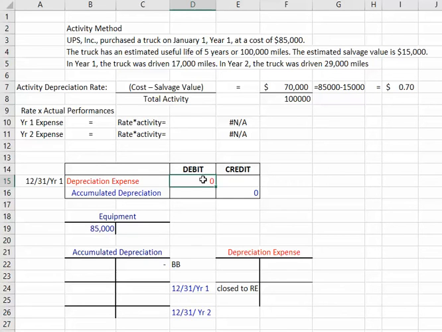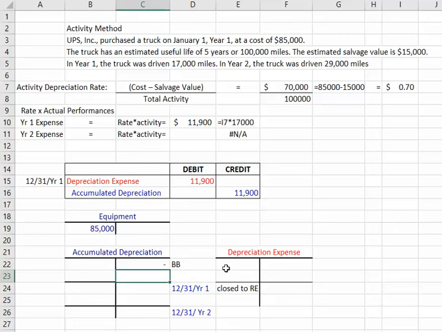So the way you calculate the amount of the expense is you take your rate times the miles driven, and there were 17,000 miles driven in year 1. So the entry for year 1 is you debit depreciation expense and credit accumulated depreciation.